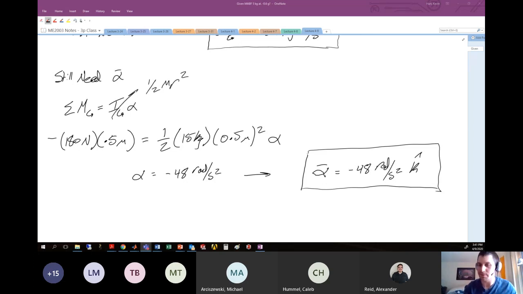So we have one last thing that we need to cover in this particular problem, and that is the acceleration of the chord, which is a little bit complicated, but let's work our way through it.